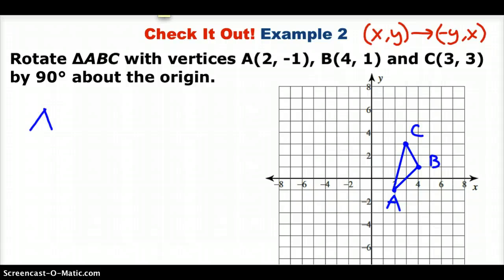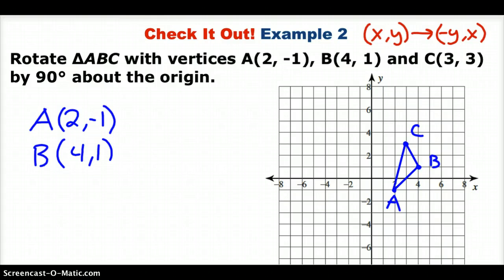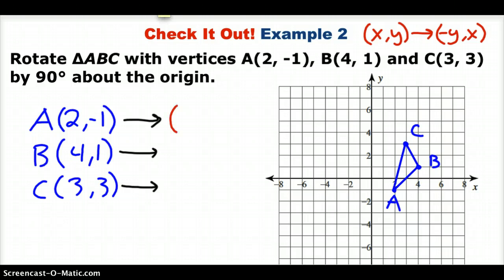We're going to relabel our points: A is (2, -1), B is (4, 1), and C was (3, 3). Now we use our rule for the 90 degree rotation to write down the coordinates of our image. We switch x and y around and make one value negative.